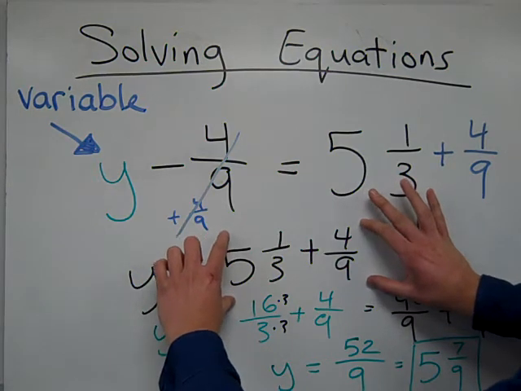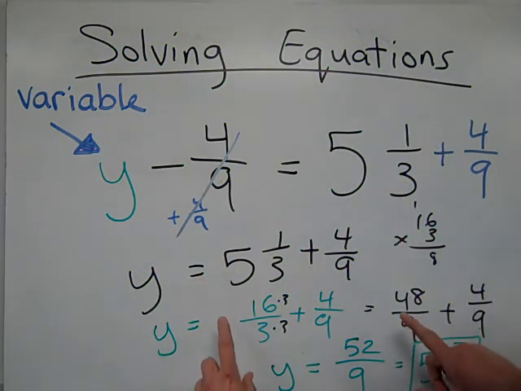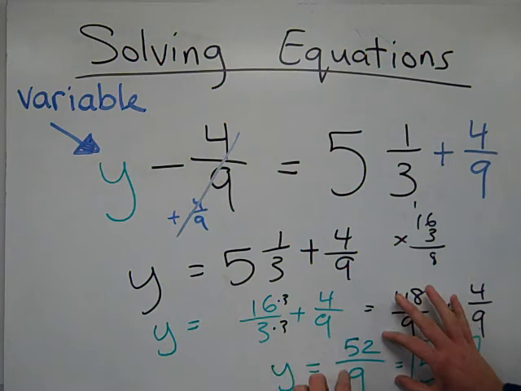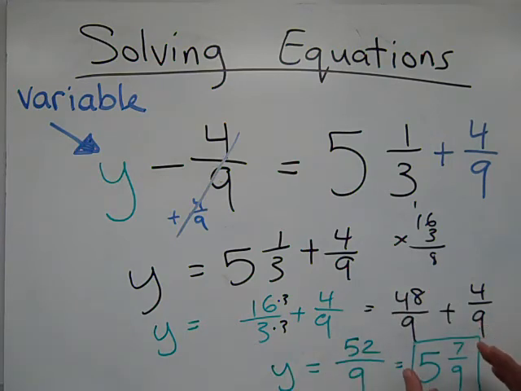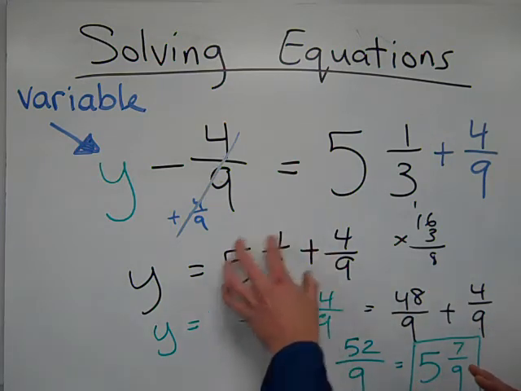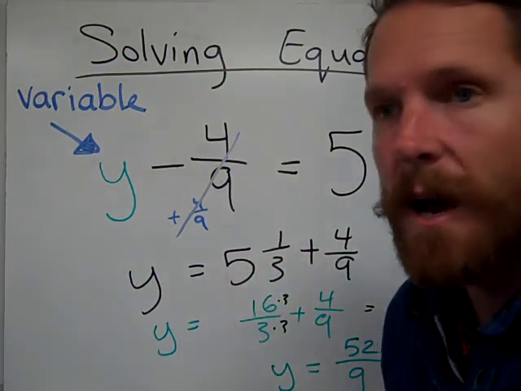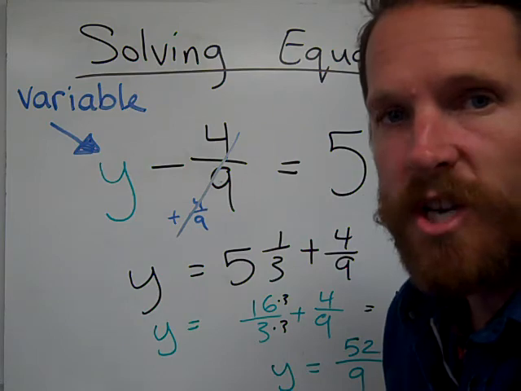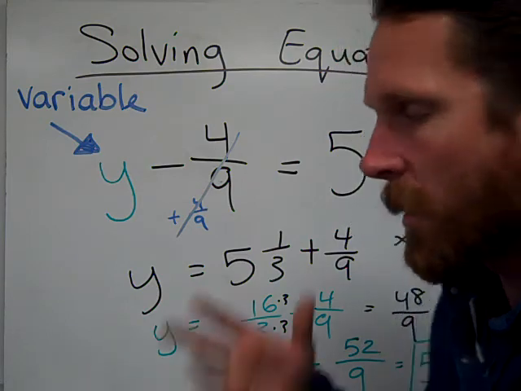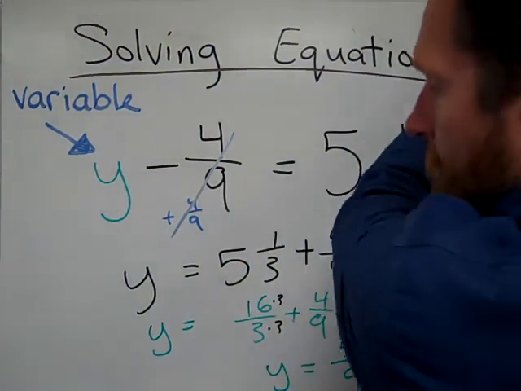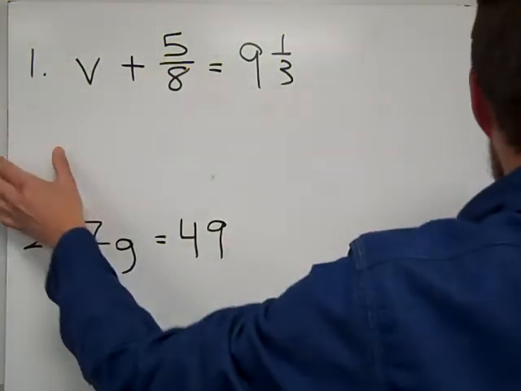We then add these together to get 52/9, which we need to then make into a mixed number again. So all of this right here is the same stuff we've already done before. Adding mixed numbers, changing them into improper fractions, all that stuff. So let's do a couple more.